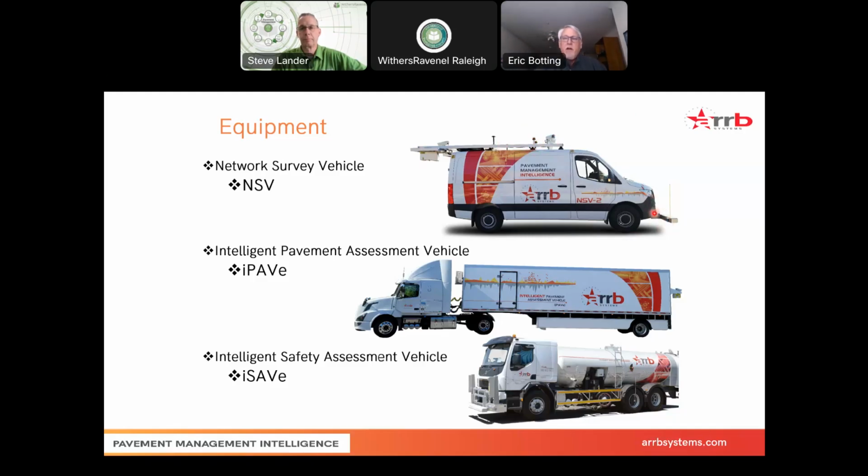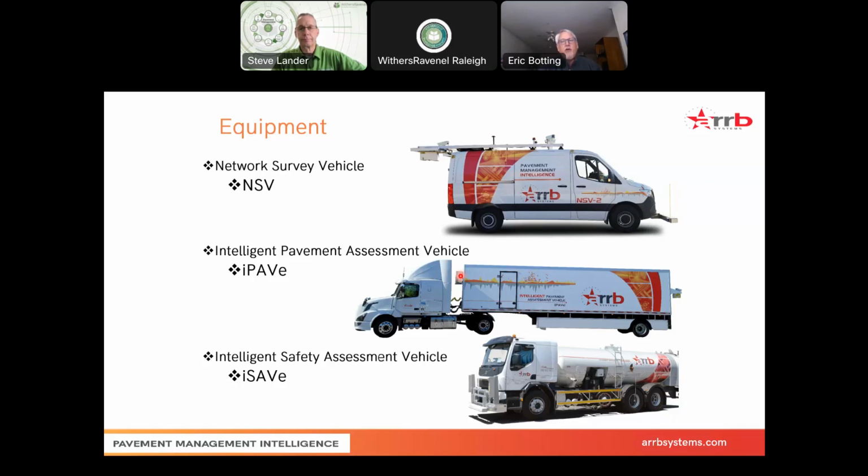So basically what we did, ARP Systems is a systems integrator. And so we took all of the sensors off the van and we put them on this tractor trailer. And this is a traffic speed deflectometer. Not to be too simple or too expert, but deflections are used to collect the structural capacity, the structural health of a road.